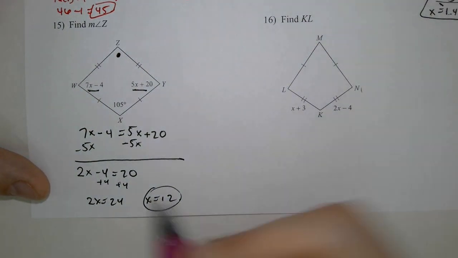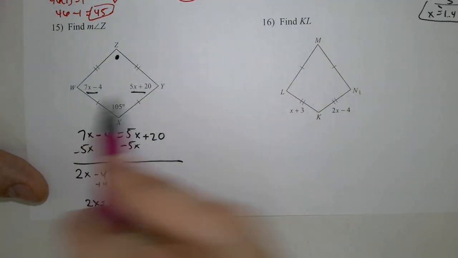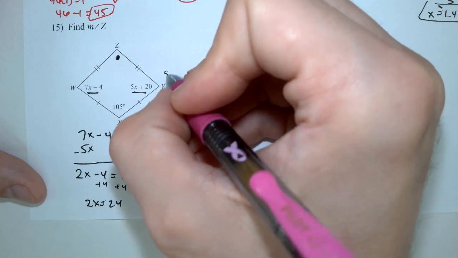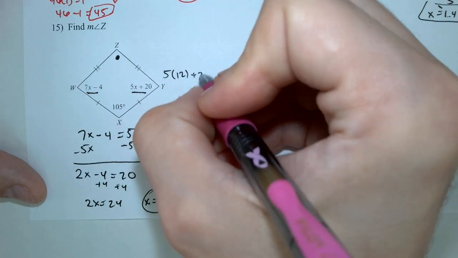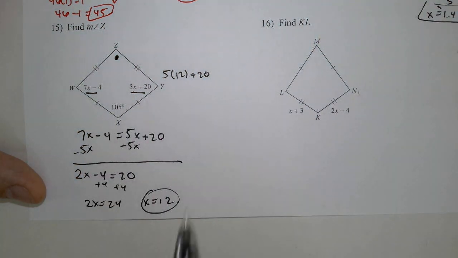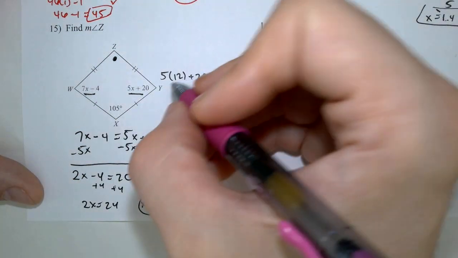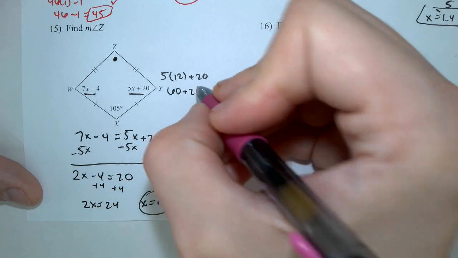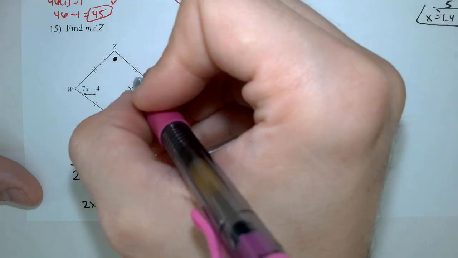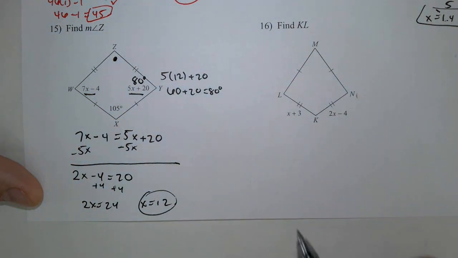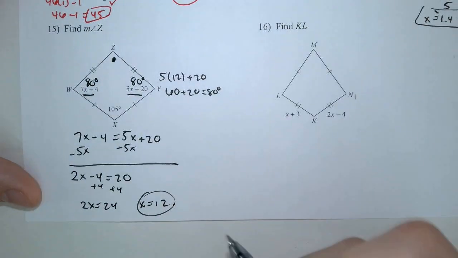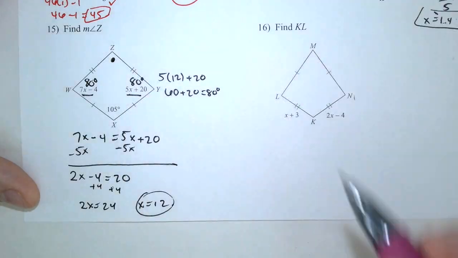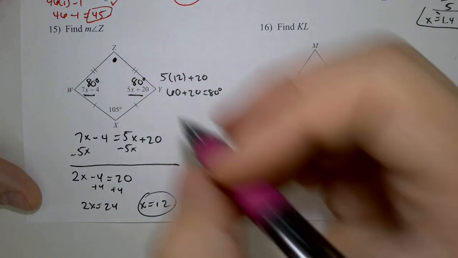Great. We need to plug in the 12. We can plug it into either one. I'm going to plug it in here. 5 times 12 plus 20. The reason I chose that is it just seemed easier for whatever reason. 5 times 12 is 60, plus 20 makes 80 degrees. So this is 80 degrees, which means this is 80 degrees, which means we can find out what angle Z is because this whole thing has to add to 360.